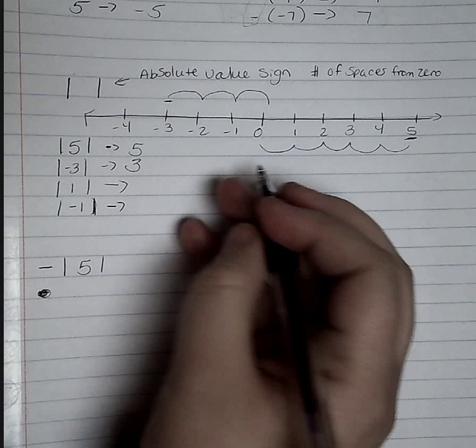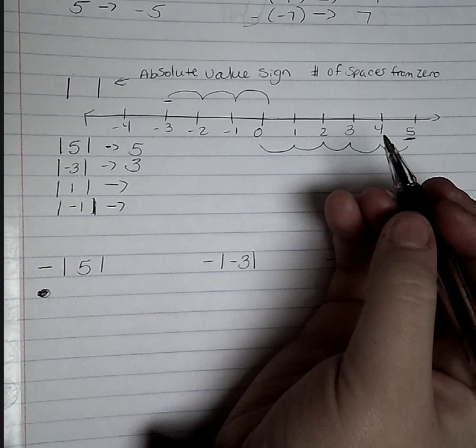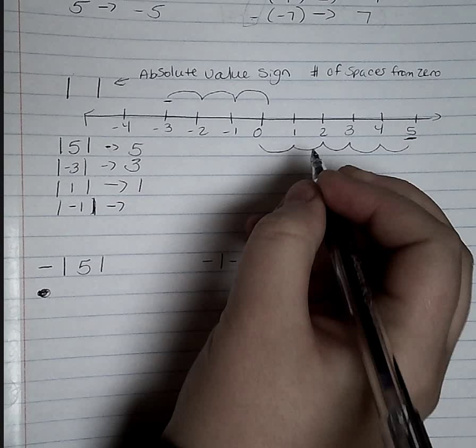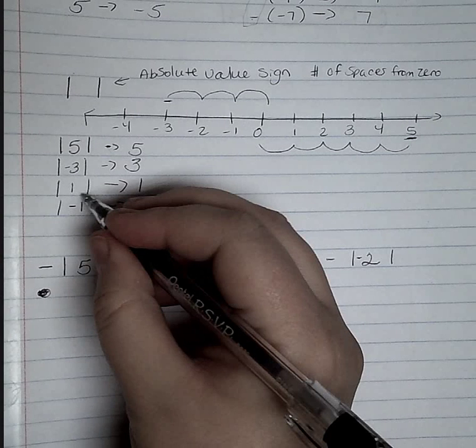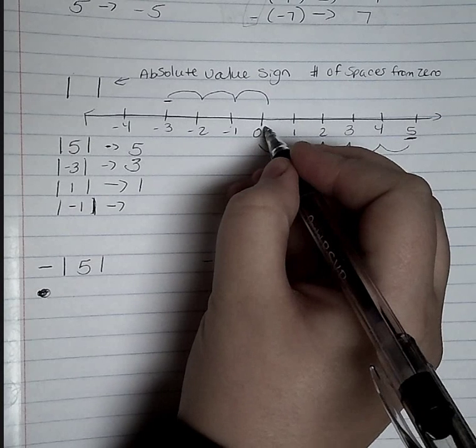So when you take the absolute value of a number, you should always get a positive number because we're always just moving in a simple direction. We should never be moving in a negative type of direction. So the absolute value of 1 is 1, because we would move 1 space from 1 to 0. Absolute value of negative 1 would be 1 as well, because you're moving 1 space to 0.